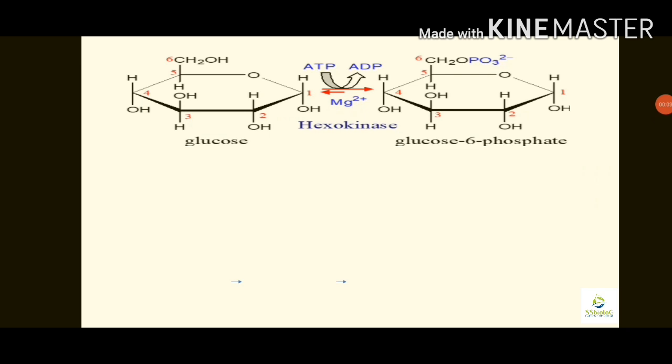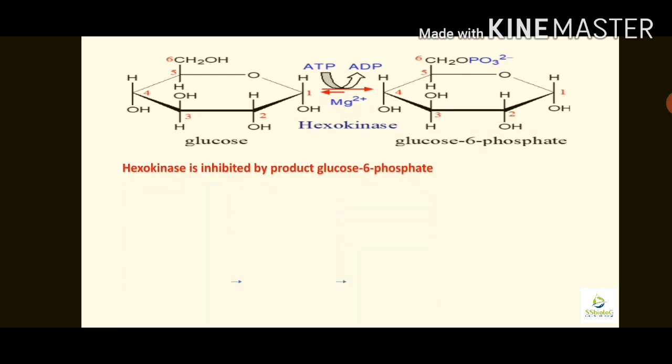Hexokinase controls the first irreversible step of glycolysis and converts glucose to glucose 6-phosphate. Glucose enters the cell through the glucose receptor, and when the cell needs glucose, it exits the cell via the same receptor. Cells simply trap the glucose by phosphorylating it, which prevents its exit through the glucose carrier.